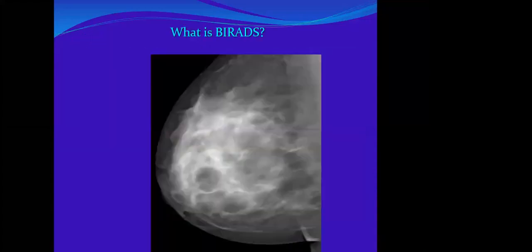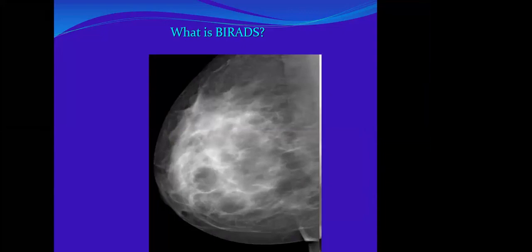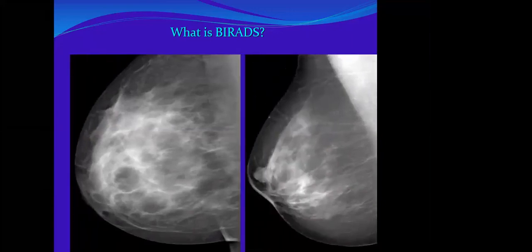This one. Can you see an abnormality here? Can you see any focal asymmetry or asymmetry? Okay. Can you see it now? There is asymmetry here, and now it is seen as what? Here I can say this is BI-RADS 0 because I could not see it in the other projection. Here, can I say this is focal asymmetry?